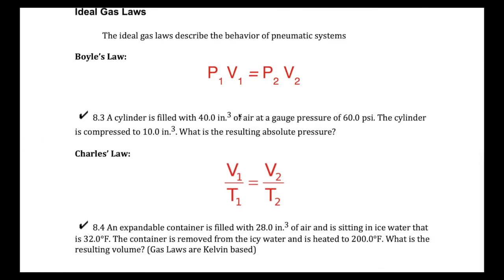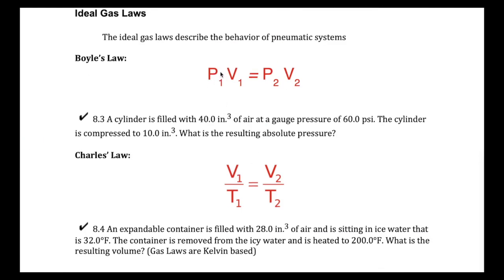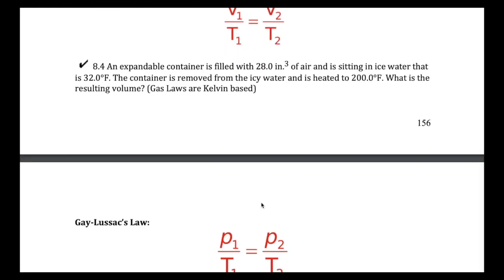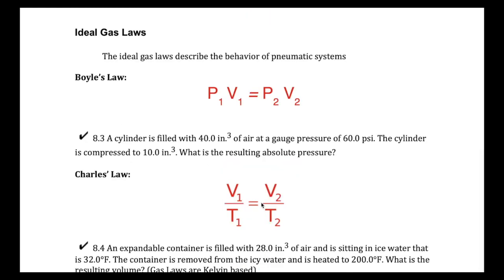So remember, in these, the pressures need to be absolute. The temperatures need to be in either Kelvin or Rankine. They need to be absolute temperatures. So remember that when we're doing all 3 of these problems. You can use your notes on the test, so you'll have these equations.